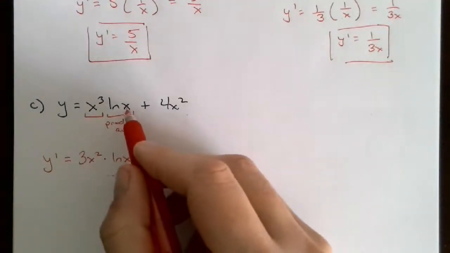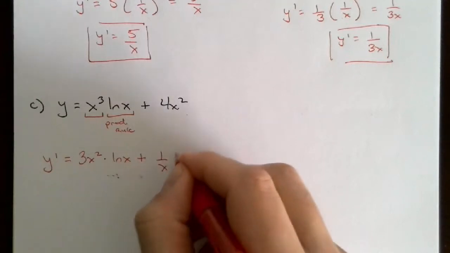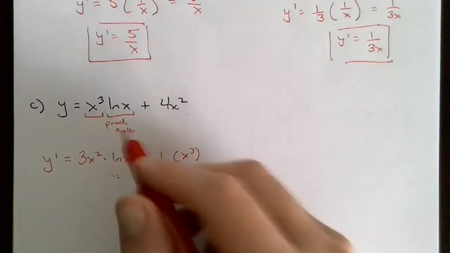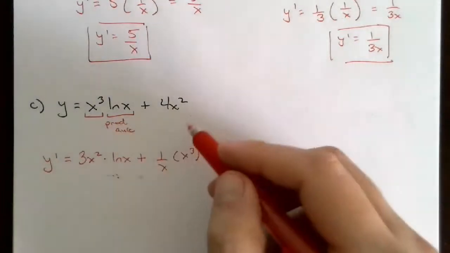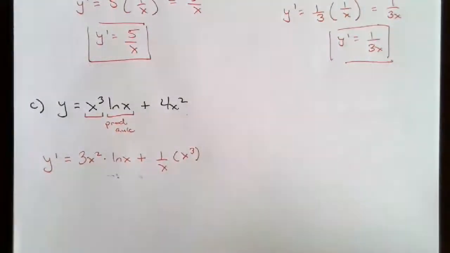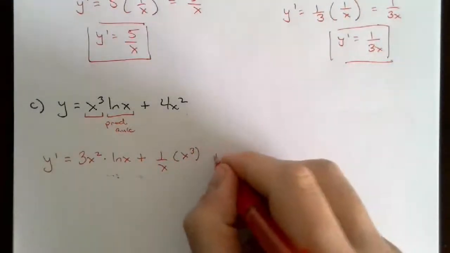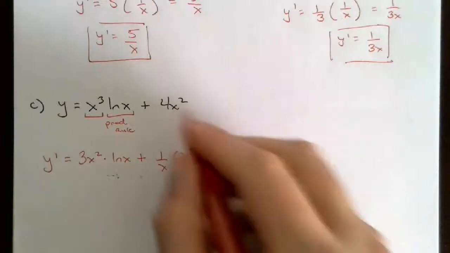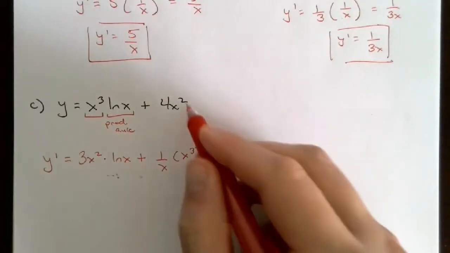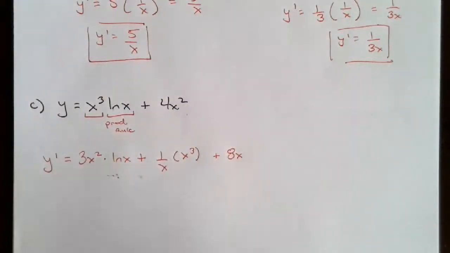Well, the derivative of ln x is just 1 over x, times the first, so times x cubed. That's the product rule. And then now we have to take the derivative of the 4x squared. So that'll just be plus the derivative of 4x squared, bringing the 2 times 4, using the power rule, gives us 8. x to the 2 minus 1 is x to the first power.